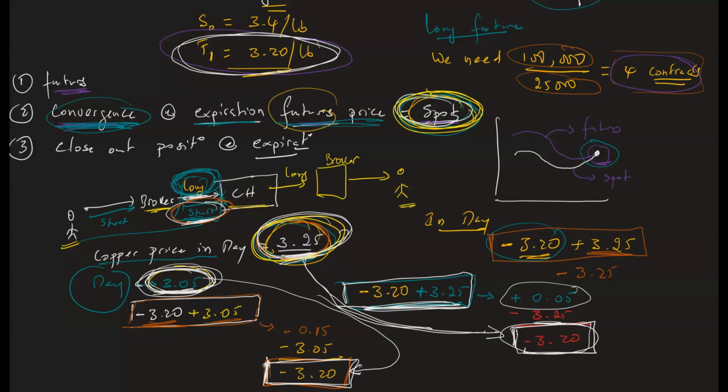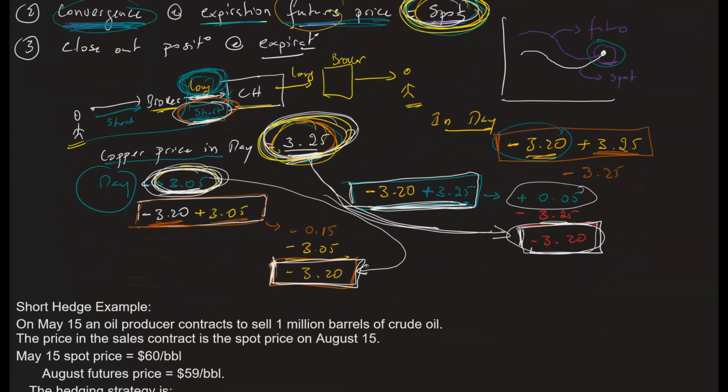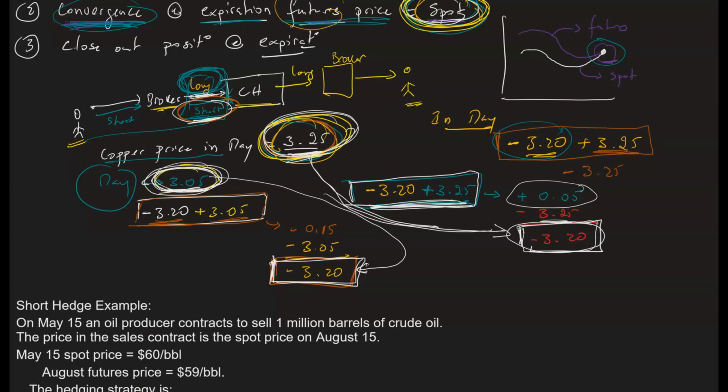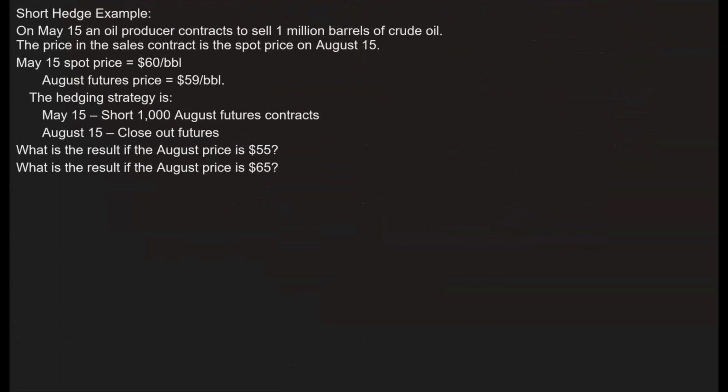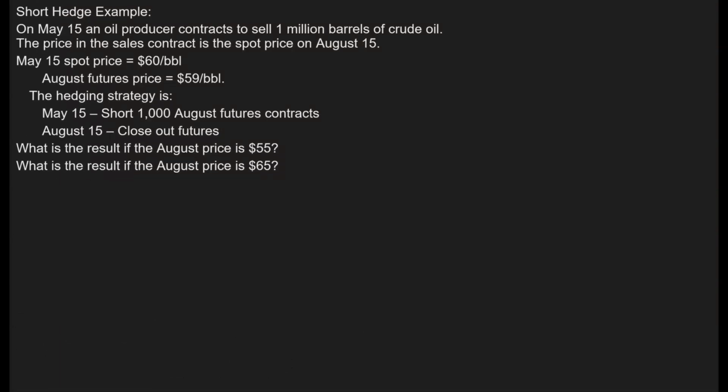Now, let's look at another example for the short one. For this short one, I'm going to put all the details here for us to look at. Now, we know it's going to be a short hedge, so let's think about it carefully. On May 15, an oil producer sells 1 million barrels of crude oil.